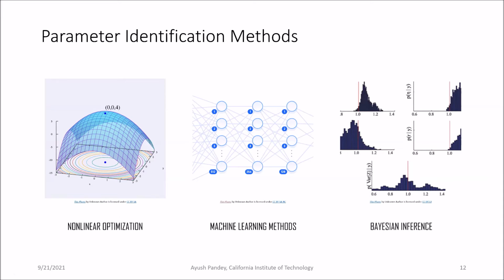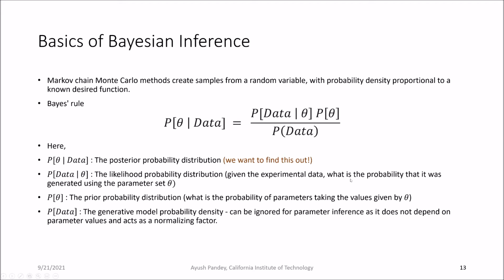The advantage of Bayesian inference methods is that they are probabilistic, and it's not giving you one value of a parameter, but rather a distribution of possible parameter values. So if there are multiple parameter values that all lead to the same cost function, that can also be evident with Bayesian inference. This is what we implemented in Bioscrape using the software Emcee.